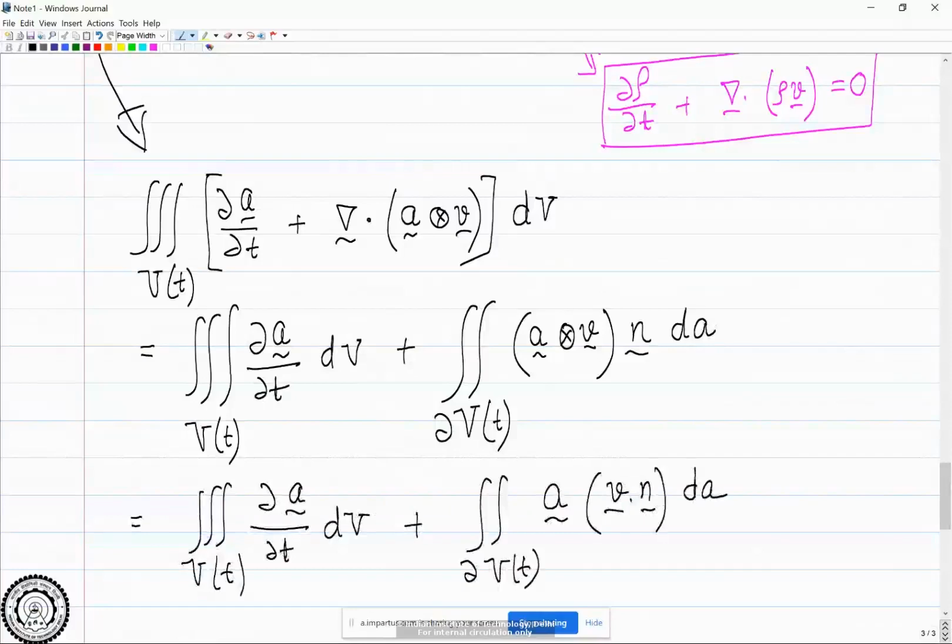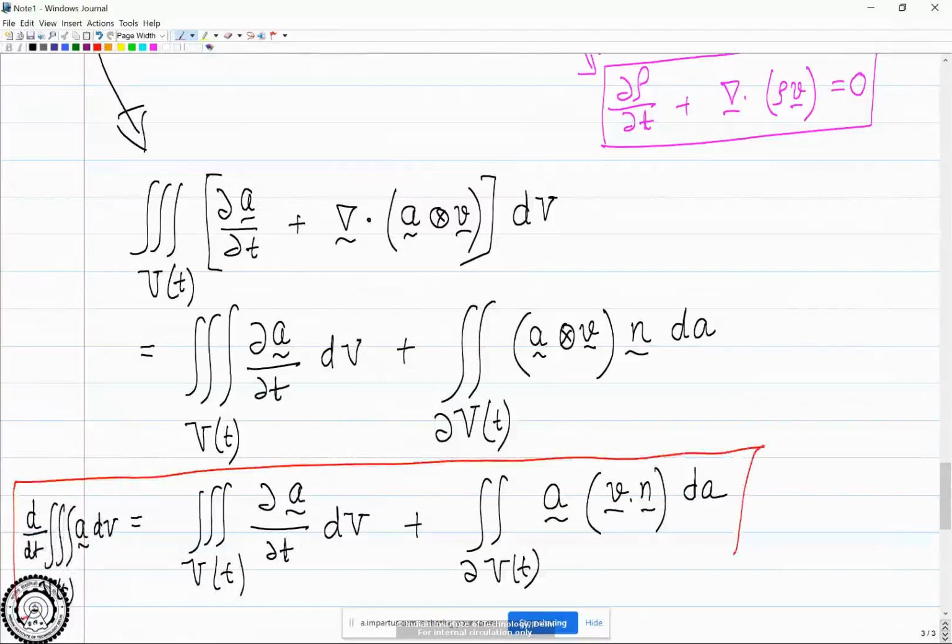Okay, so what we have proved is that the left hand side, you can recall, was d/dt of the integral over Vt of A dV, and I can box it now. So that's your Reynolds transport theorem, where A can be any quantity.